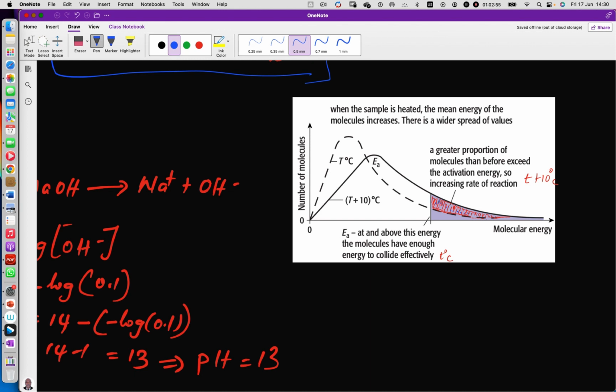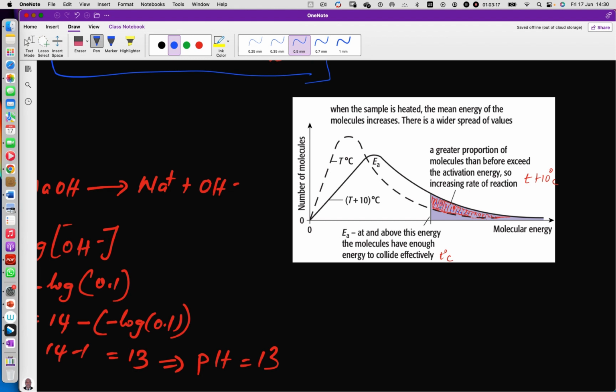There is a greater proportion of molecules than before that have energy equal to or more than the activation energy. So the more the number of colliding particles with the activation energy, obviously there is an increase in the rate of chemical reaction.